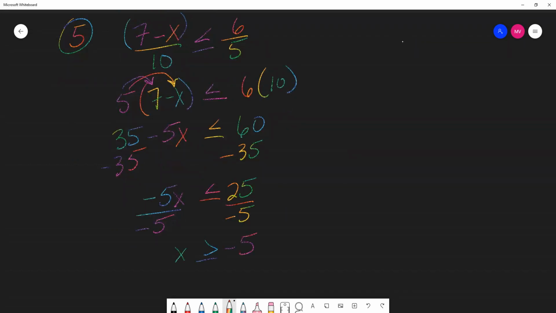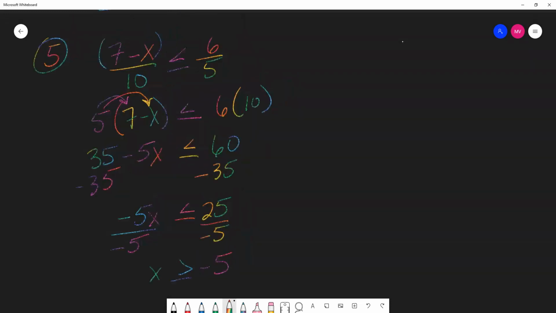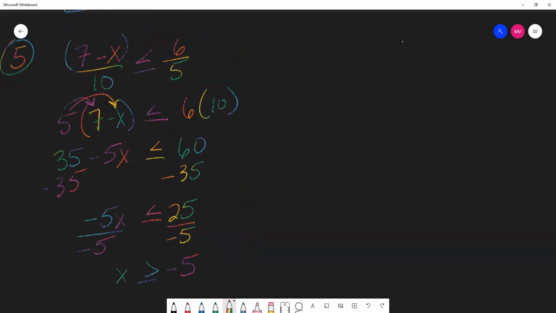Let's plug that into our original inequality and make sure that it makes sense. I would not pick -5, because even if we had that inequality in the other direction, -5 would still work because it includes an equals to. So what's a number greater than -5? Let's use 0. That would work. 7 minus 0 divided by 10 is 7/10. Or let's do -4.